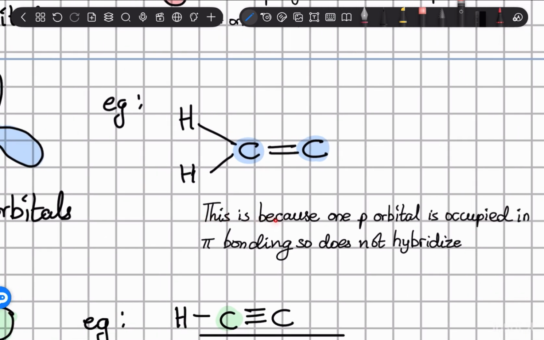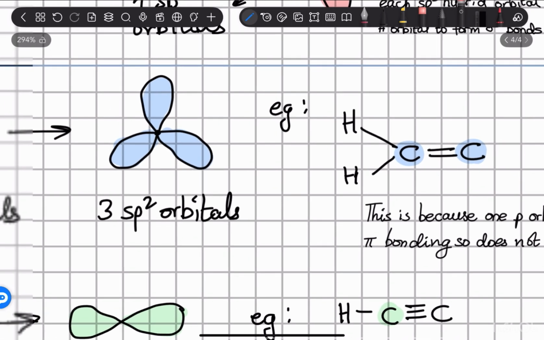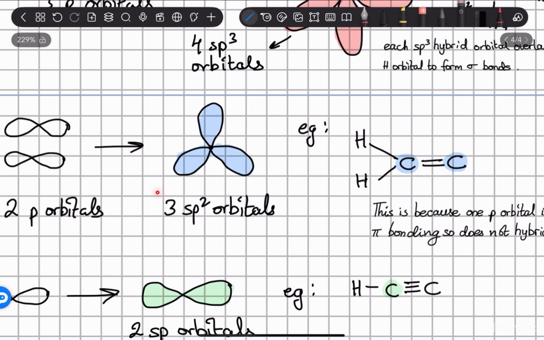So this is because one p orbital is occupied in pi bonding, so does not hybridize. So I explained that already. And the three sp2 orbitals, they form sigma bonds with the two individual s orbitals from these two hydrogens, and also the p orbital from this carbon that's left.